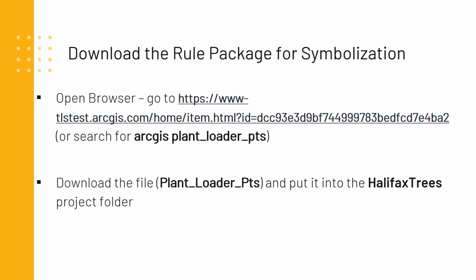Or probably a lot easier would be just to do a search for ArcGIS plant_loader_points. From there, download the file plant loader points and put it into our Halifax Trees project folder.